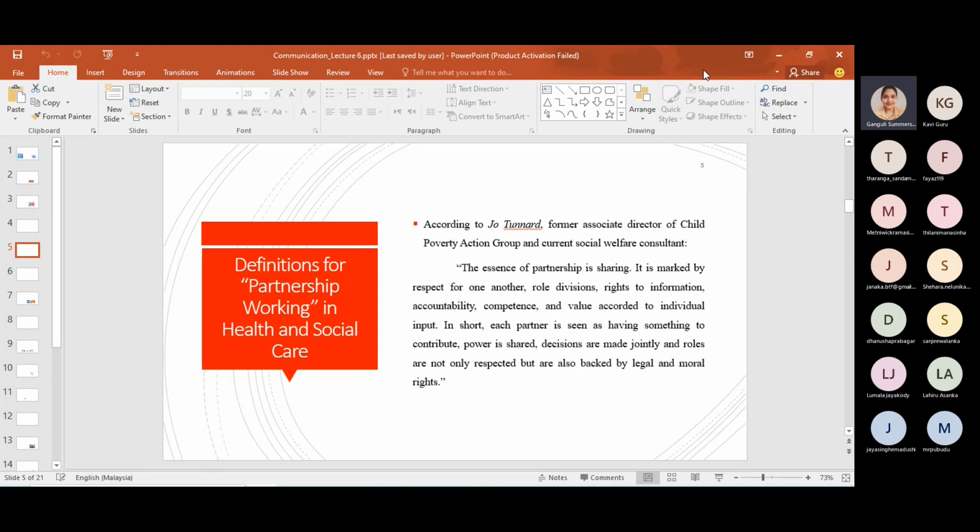If you take decisions individually or separately, you can't work towards a common goal. You need to make decisions together. You have to make decisions jointly. So in partnership working, the organizations or the companies make decisions jointly together. This is the definition given by Joe Tunnard for partnership working in health and social care.